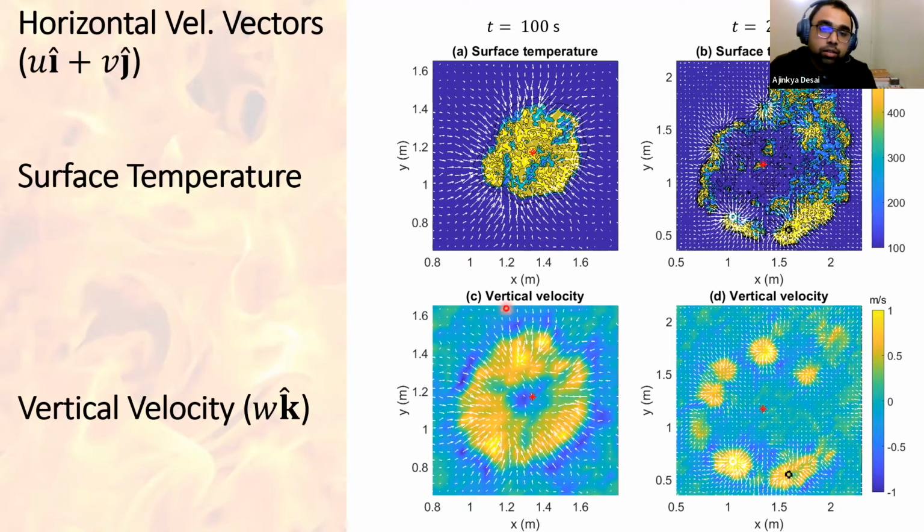Moreover, if you were to look at the color contours of the vertical velocity, you see that the fire perimeter, again, naturally is made up of a region of updraft. The yellow over here is positive vertical velocity. So it's made up of a region of updraft. But it is circumscribed by a region of downdraft. And that is again expected because this is what would be in line with continuity.